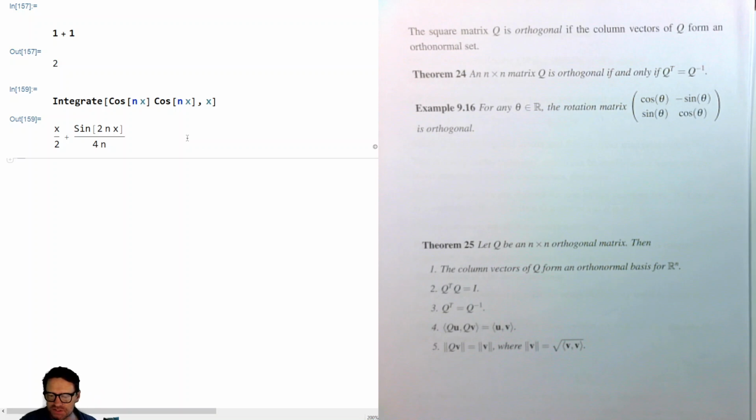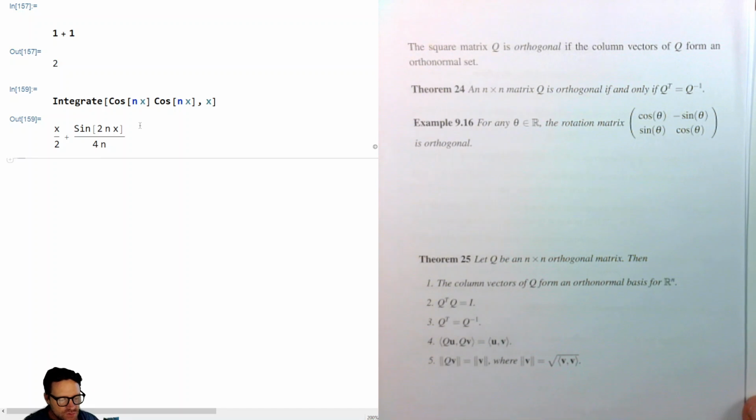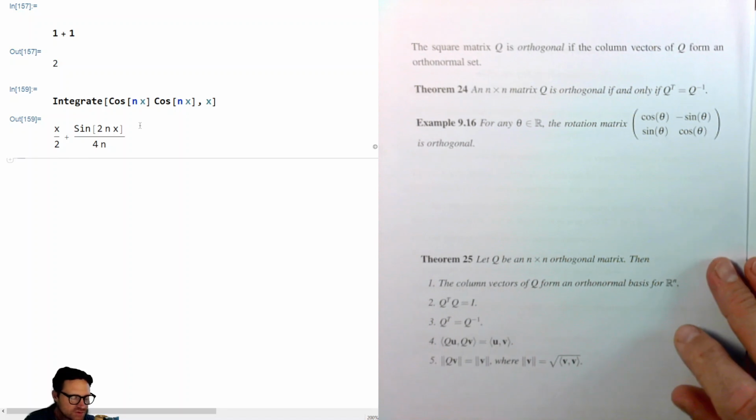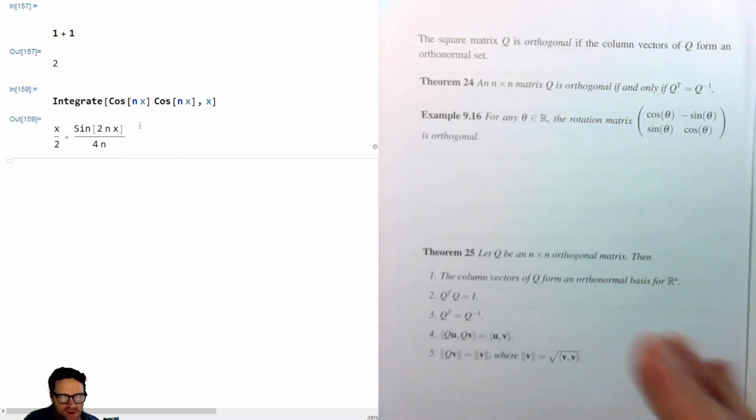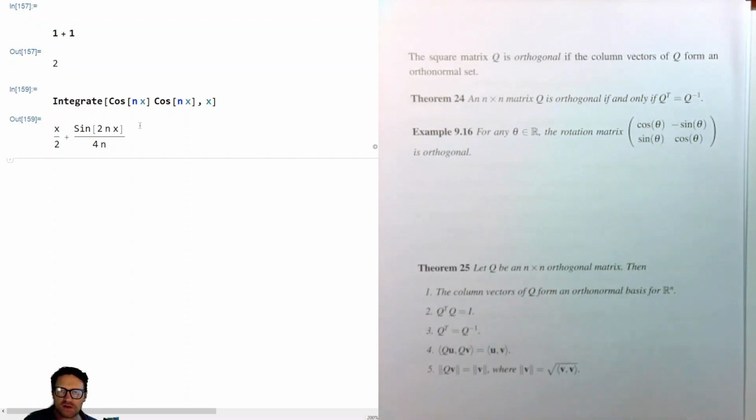All right, so let's move on to orthogonal matrices. The square matrix Q is said to be orthogonal if the column vectors of Q form an orthonormal set. So the dot product between the columns is 0 if we're not taking the dot product of a column with itself.